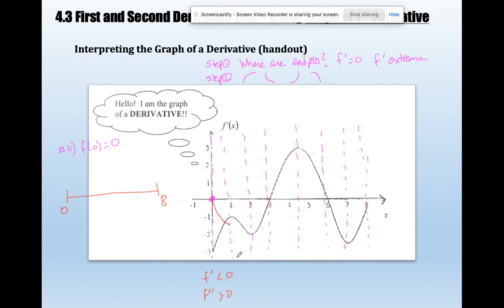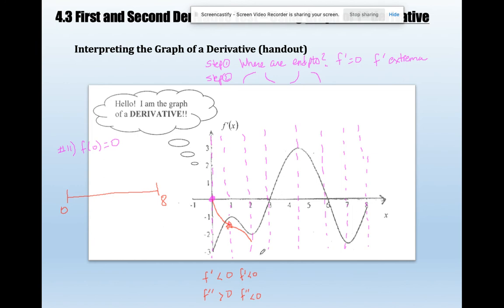In between 1 and 2, what's going on? First derivative is still negative, but what are your slopes? So you are decreasing, concave down. You changed concavity, you have a point of inflection.